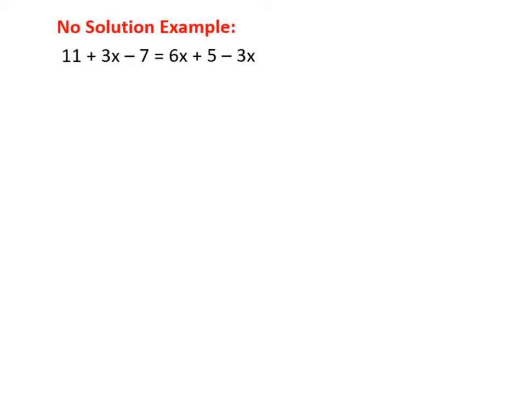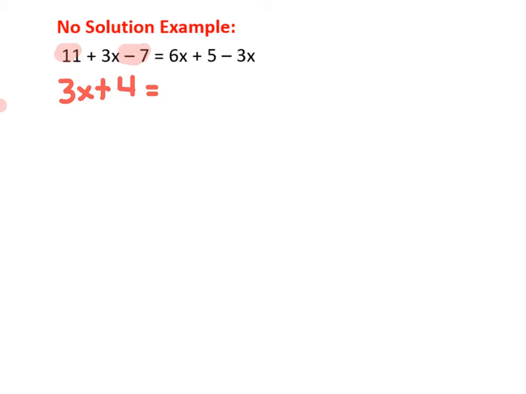In this example, we are going to begin like we are solving any other equation. So the first thing we need to do is combine our like terms to simplify both sides of the equation. So on the left side of the equation, 11 and negative 7 are like terms and can be combined. So our equation would become 3x, and then 11 minus 7 will give us plus 4.